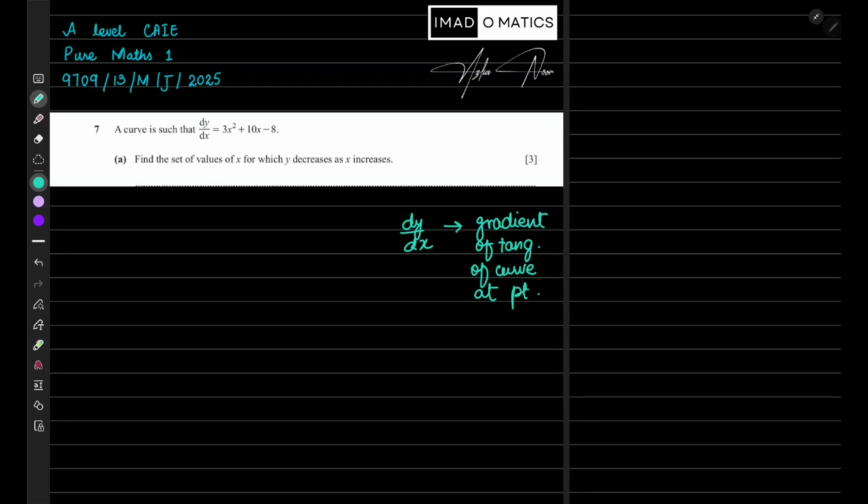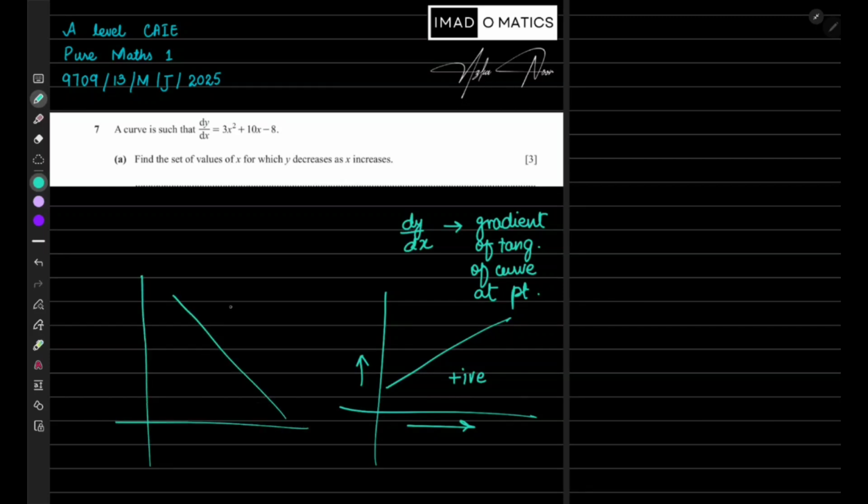So when your gradient or slope is positive, y is increasing when x is increasing. But they are telling you where y decreases as x increases, that means your gradient is negative. Y is decreasing when x is increasing.